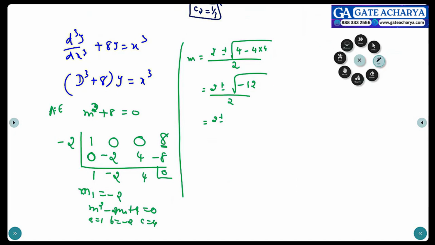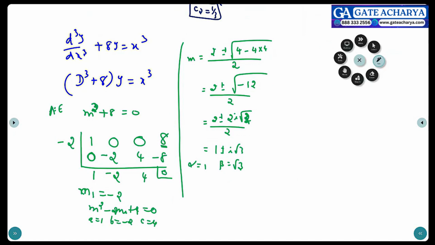When you take 4 out of the root, it is 2i root 3 divided by 2. That is 1 plus or minus i root 3. So alpha is 1, beta is root 3, complex roots.